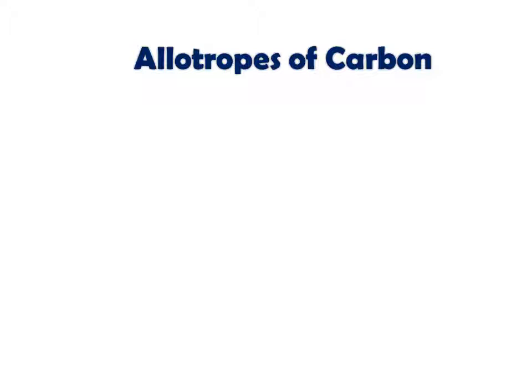Now, allotropes of carbon. We know what allotrope means. The word allotrope means the existence of a particular element in different forms, having different physical properties but the same chemical properties.